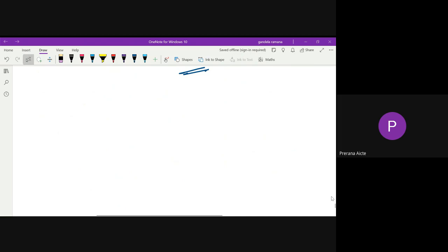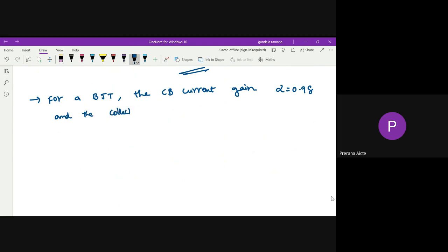For a BJT, the common base current gain alpha is equal to 0.98 and the collector base junction reverse bias saturation current ICO is equal to 0.6 microamperes.